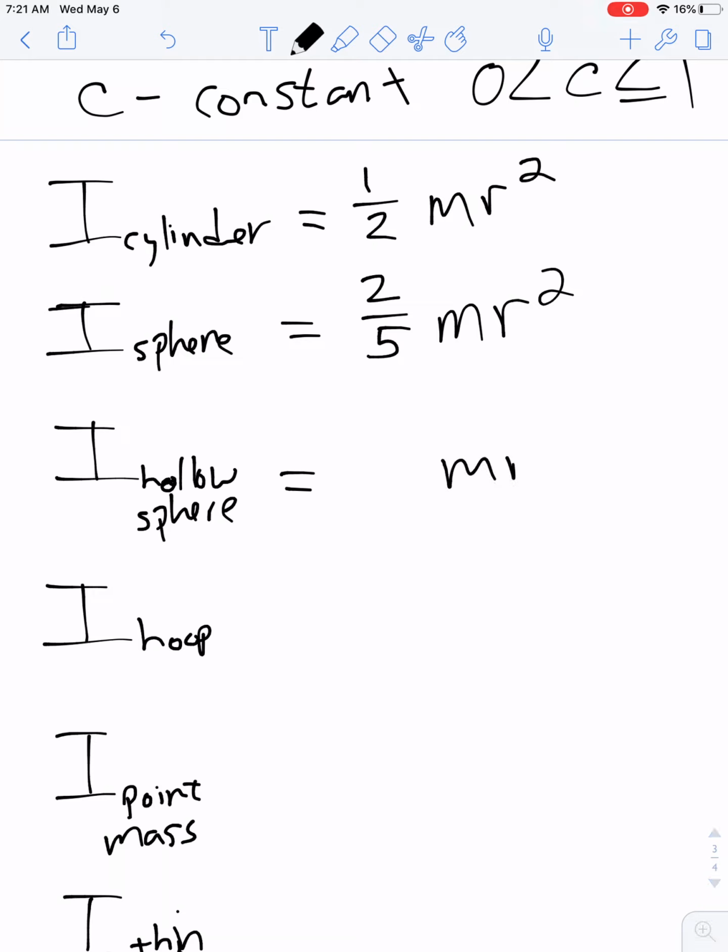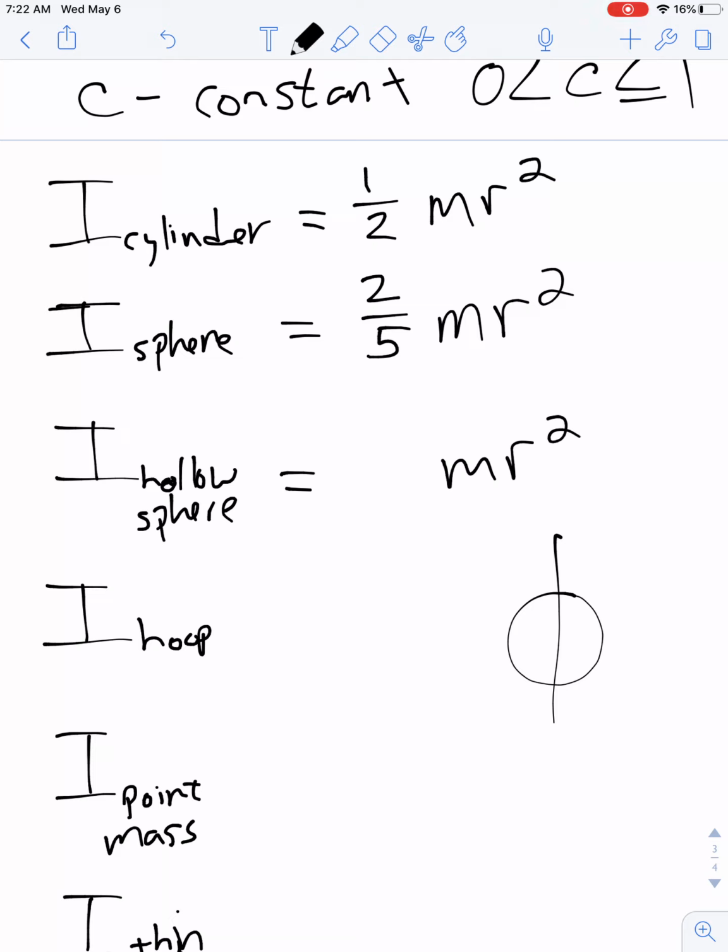For a hollow sphere, it's worth noting that you have more of your mass concentrated farther away from the axis of rotation. The idea here is that the larger r is, the larger the inertia is. Well, what's r? R is the distance between the mass of the object and the axis of rotation. So if I have a sphere, the average distance between the mass and the center of the sphere grows as the mass gets pushed to the surface of that sphere.